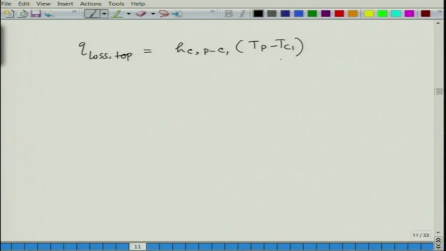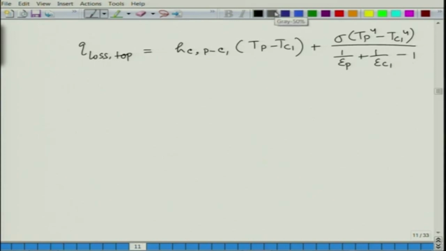This is the conduction heat loss to the cover 1, and then the radiation part. The radiation part is sigma, the Stefan-Boltzmann constant, times (T_p to the power 4 minus T_c1 to the power 4), divided by (1 over epsilon_p plus 1 over epsilon_c1 minus 1). Okay.